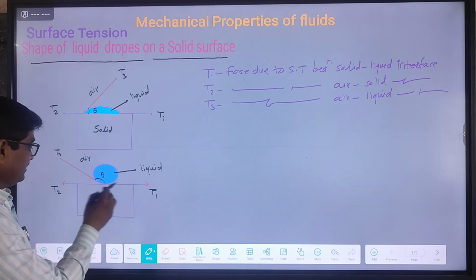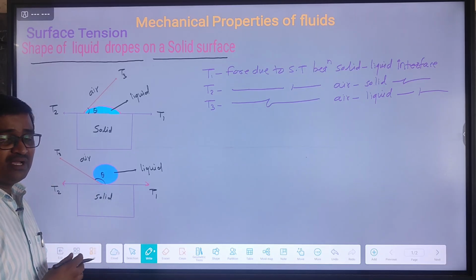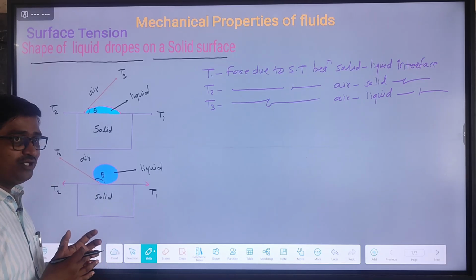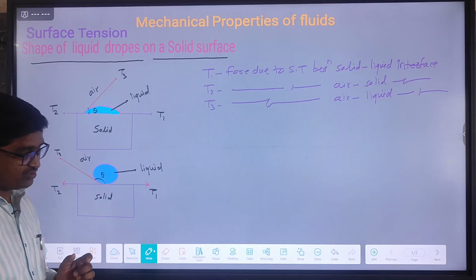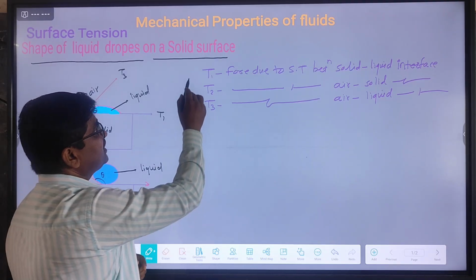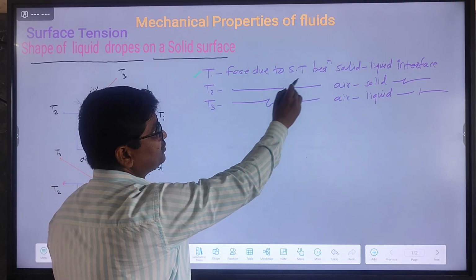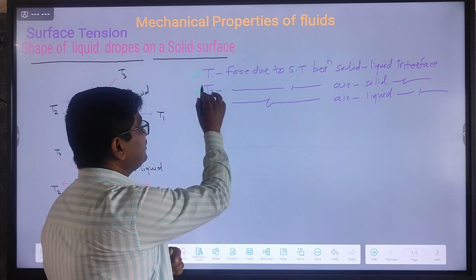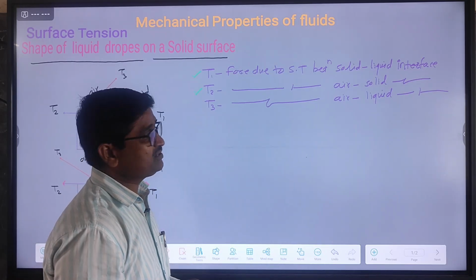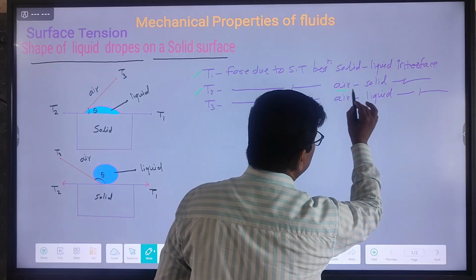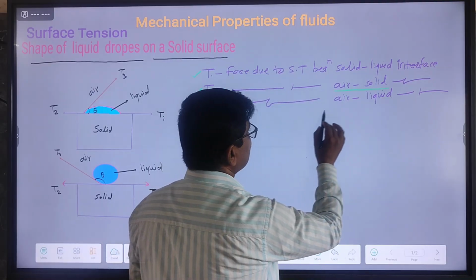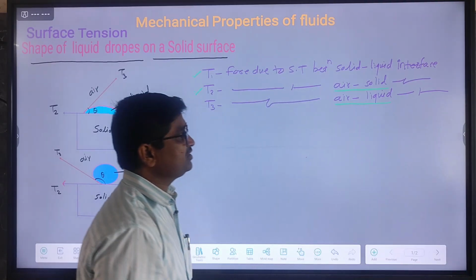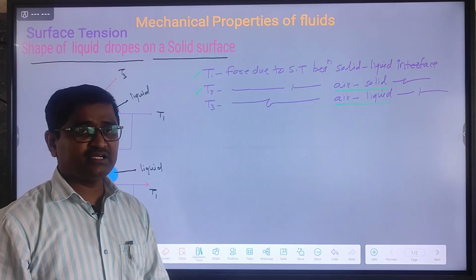Here T1, T2 and T3 indicate the forces due to surface tension between different pairs. T1 indicates the force due to surface tension between the solid and liquid interface. T2 indicates the force due to surface tension between the air and solid interface, and T3 indicates the force due to surface tension between the air and liquid interface.